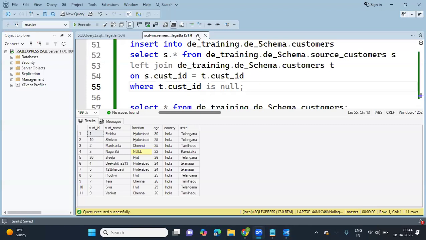Okay, please practice this. This is really, really important. These are the topics asked in the interviews, and also the same thing you will implement in real-time scenarios. SCD, incremental, and data warehousing, data modeling.